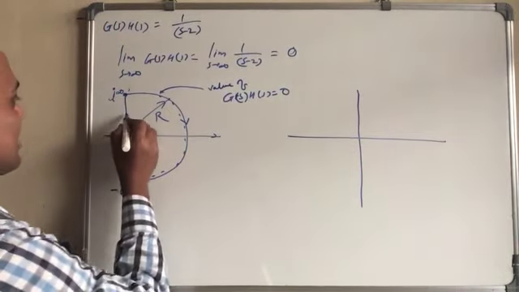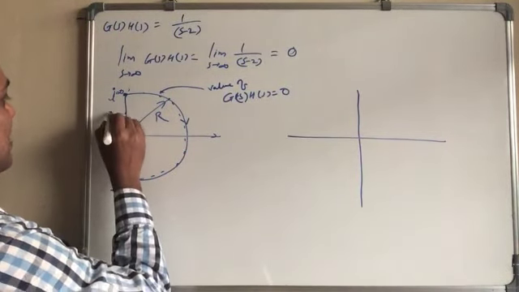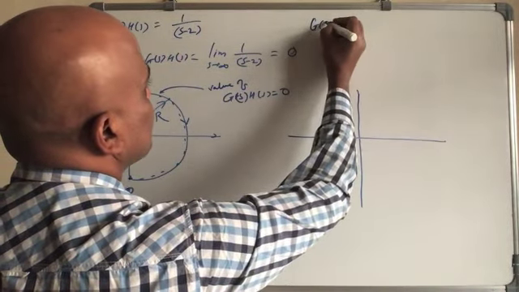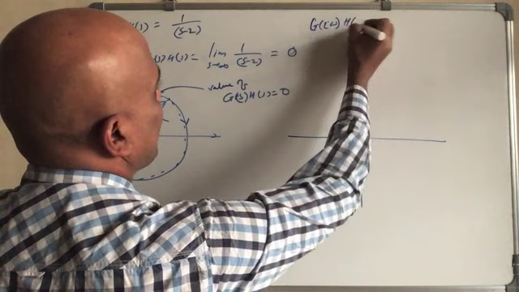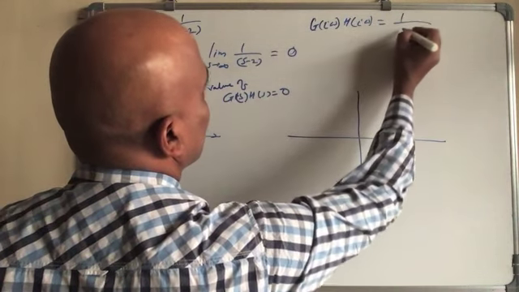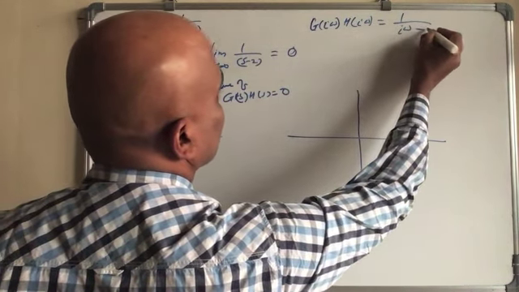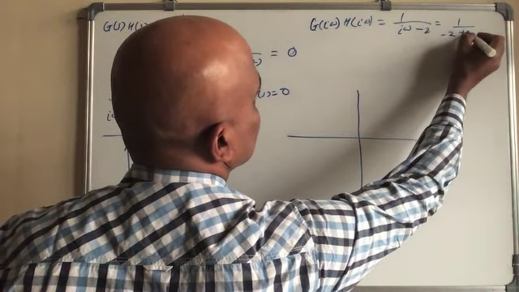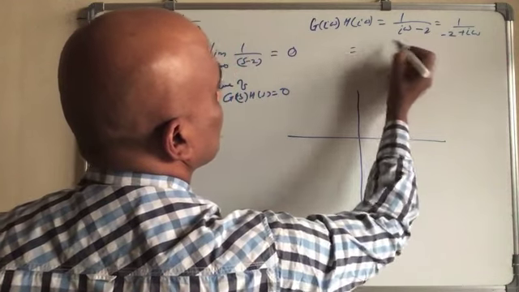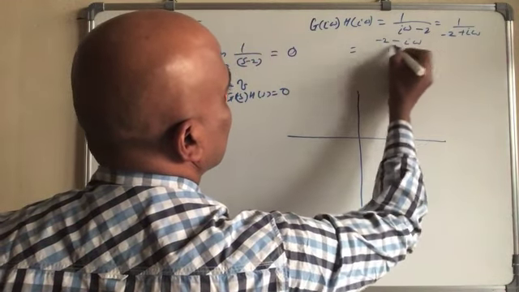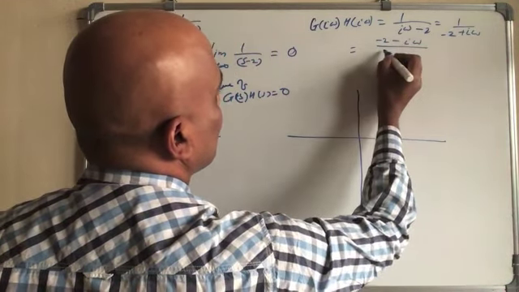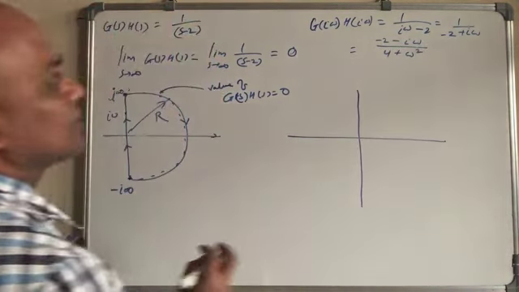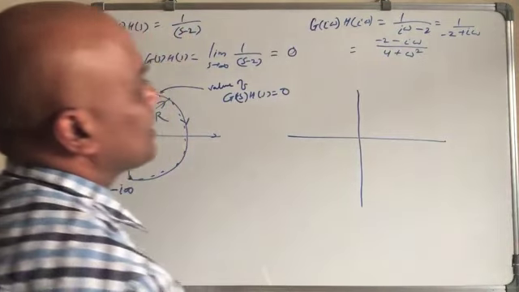For any point on this line we have iω, and hence G(iω) times H(iω) will be equal to 1 over (iω minus 2), or 1 over (minus 2 plus iω), which is equal to (minus 2 minus iω) divided by (4 plus ω squared), right?